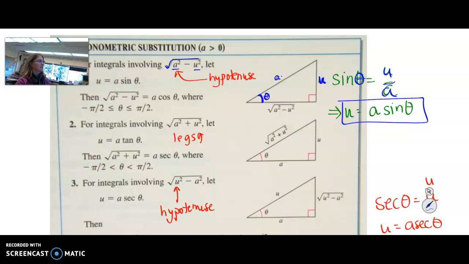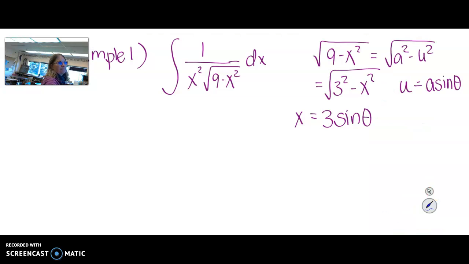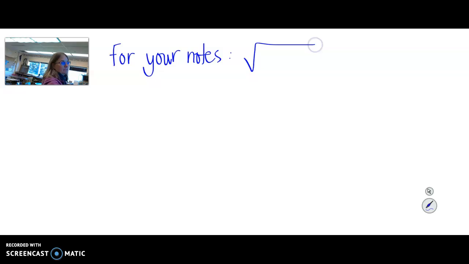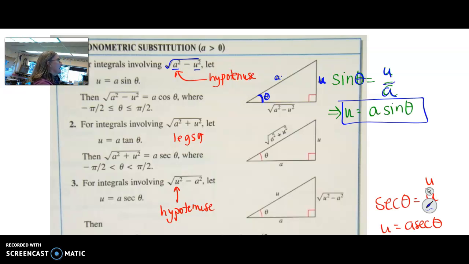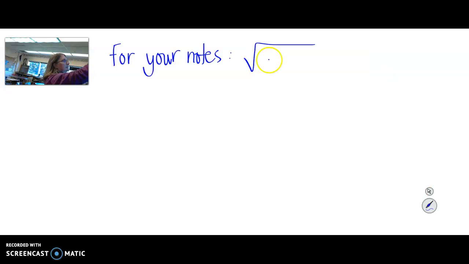So if you see the square root of a squared minus u squared, you're going to replace that.